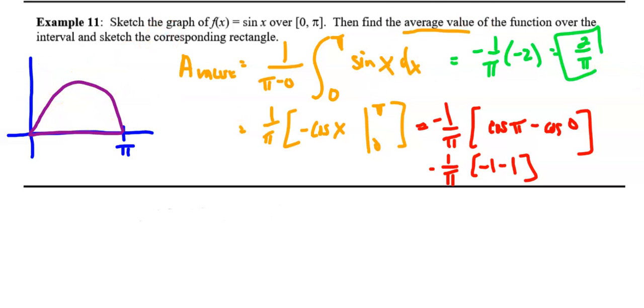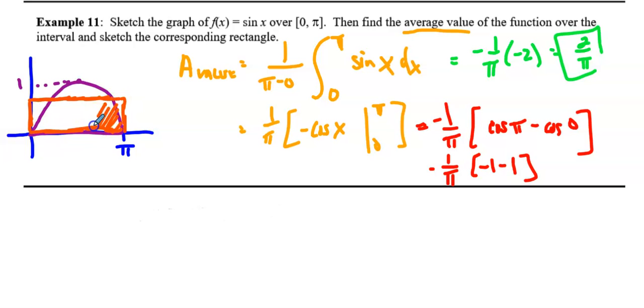So what does that mean? Remember that if you were to sketch this, the highest value, the peak, would actually be 1, because the sine of pi over 2 is 1. So if I'm looking at 2 over pi, well, that's approximately 0.6 something, so about right here.